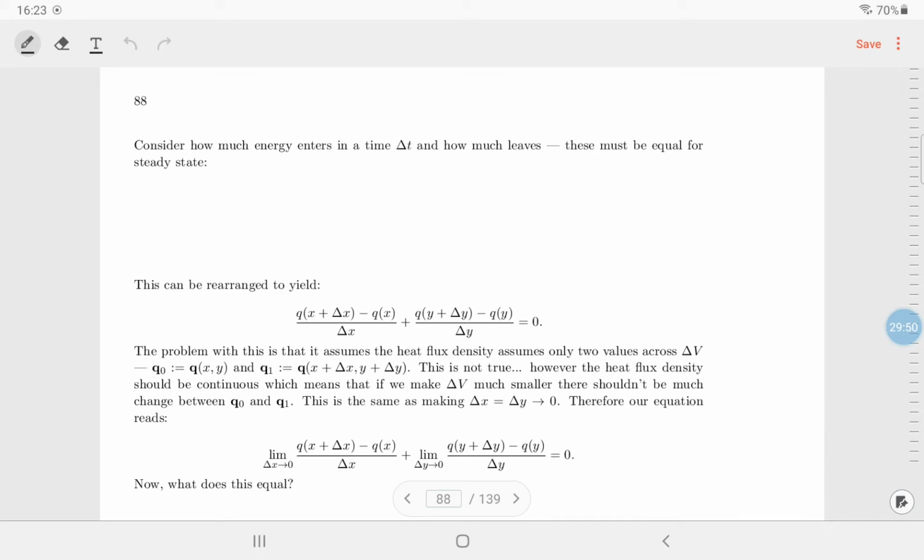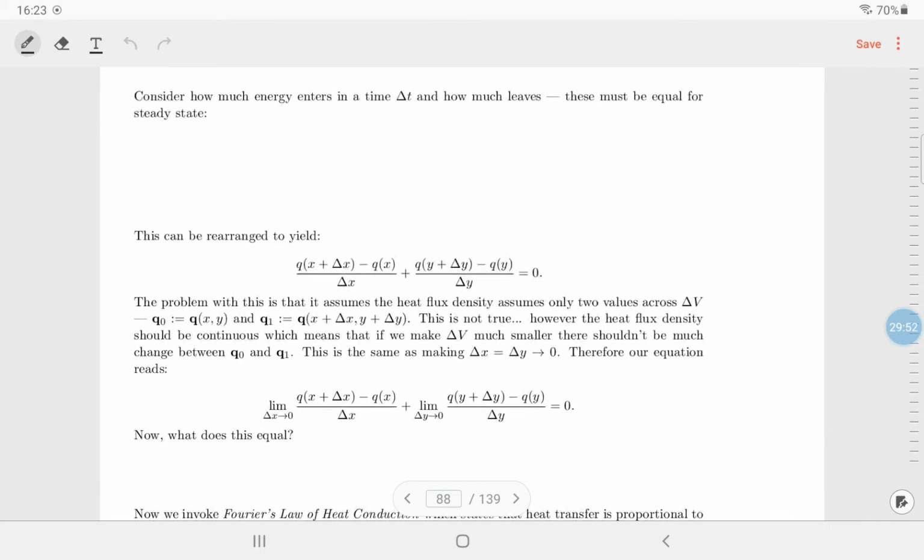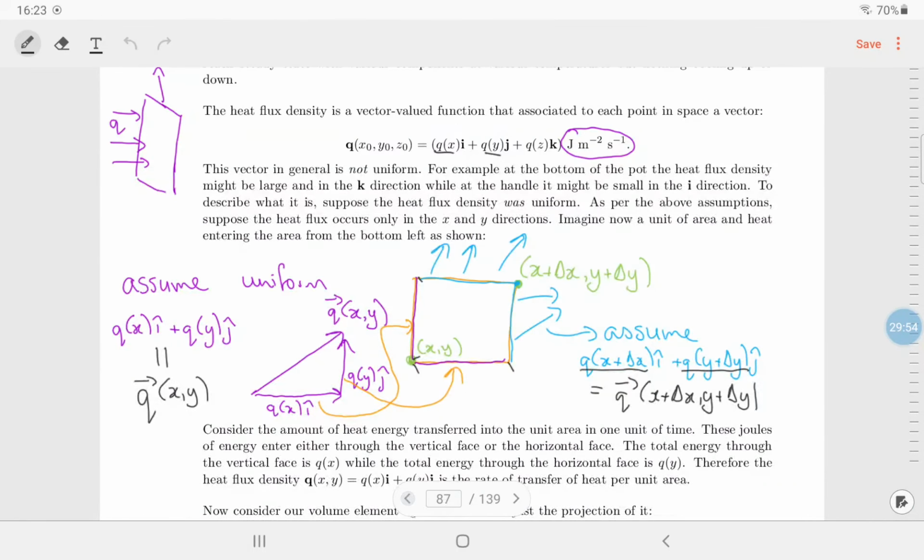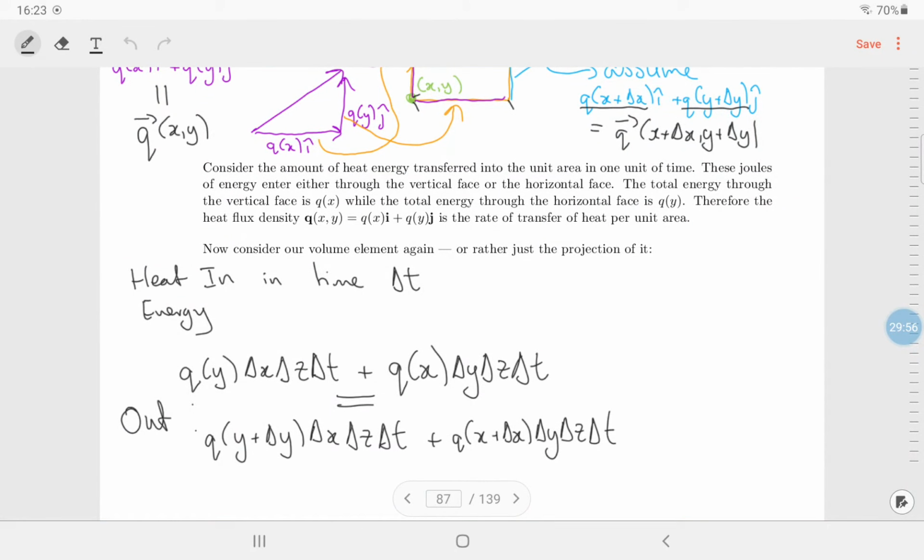So now it says, oh, this can be rearranged. Well, let's do a little bit of the rearranging ourselves. So for a start, and we'll do this for the next page, we can divide by basically delta x, delta y, delta z, delta t, divide both sides. I'm going to have to pause and write down what I have here though.